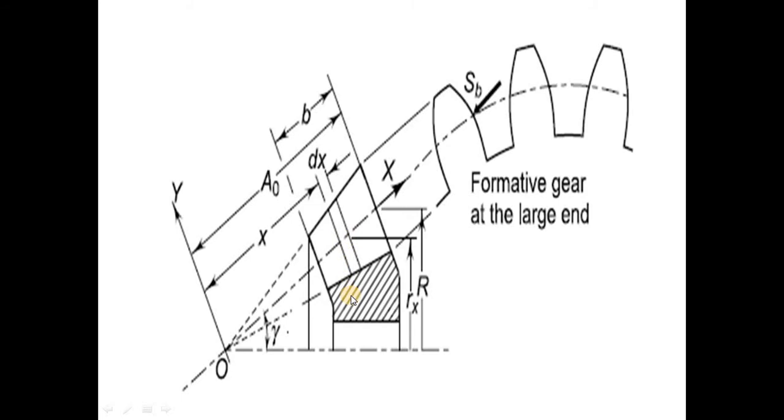From the midpoint we make one perpendicular on the neutral axis, giving this triangle, and again at the larger end we have another triangle. These are two imaginary triangles we have considered, with corresponding sides, and since they are similar triangles the ratios of their corresponding sides are also the same. That's why we have taken the ratio Rx divided by R equals x upon A0.